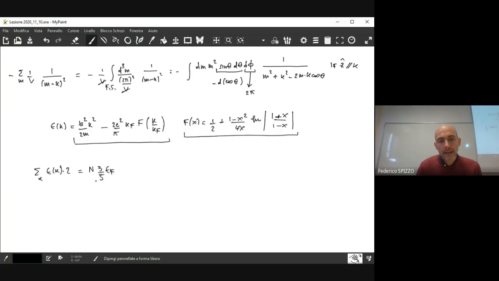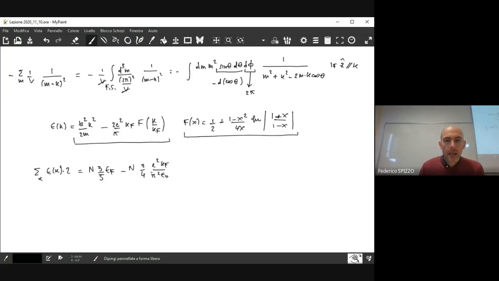So the total energy due to the first component is just n times 3 divided by 5 EF, where n is the number of electrons. The second term gives an overall value that is minus n times 3 divided by 4 e squared kf divided by pi squared epsilon 0.